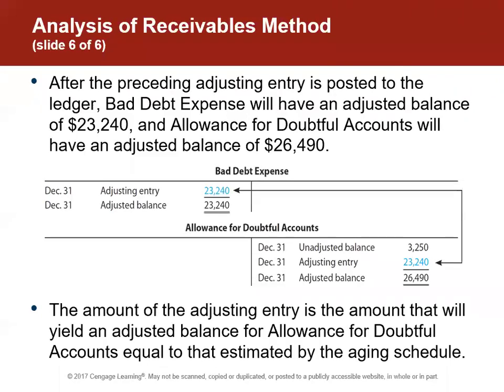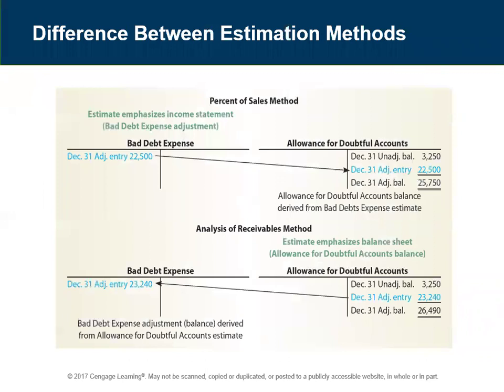So this one's just showing what I've already shown, so we'll go away from that. Here we're just comparing the two and the entries for them. If we do percent of sales method, we just did 0.75% of credit sales, and we got 22,500. That was our journal entry.